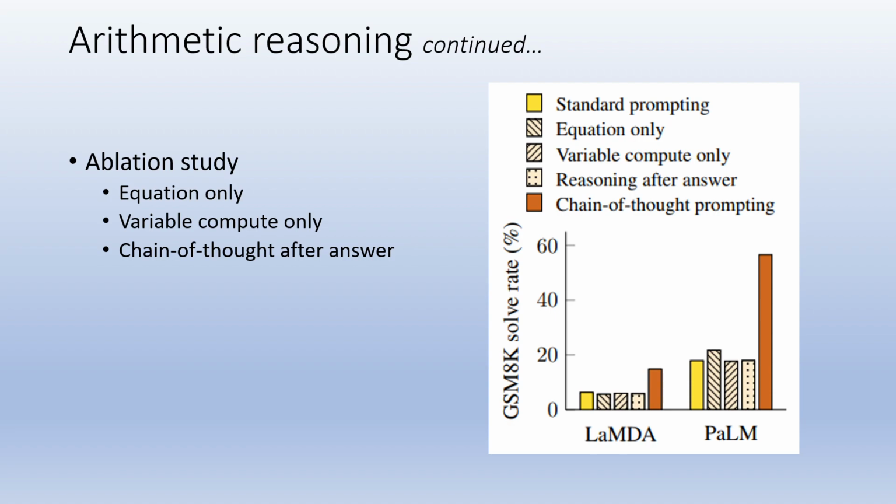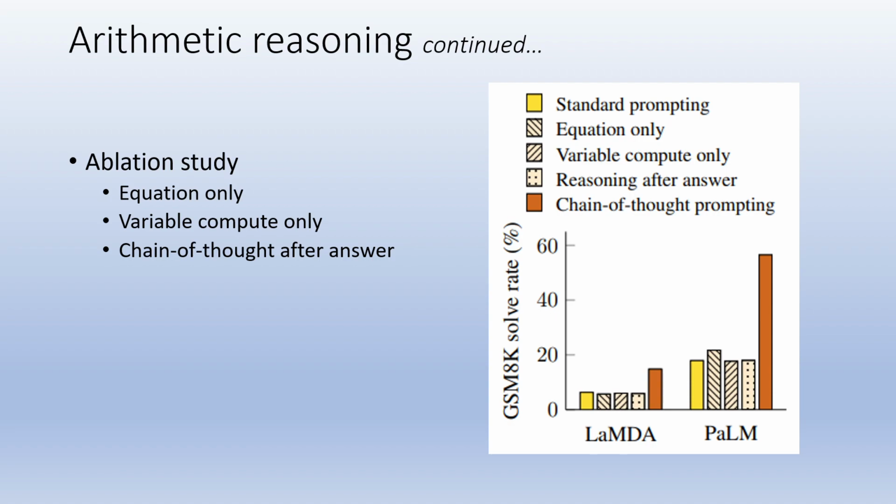In the third variation, the intuition is that chain of thought prompting gives some kind of added knowledge to the model, which then allows it to perform so well, almost like pre-training the model. So in this variation, we give the chain of thought after the answer in the prompts.